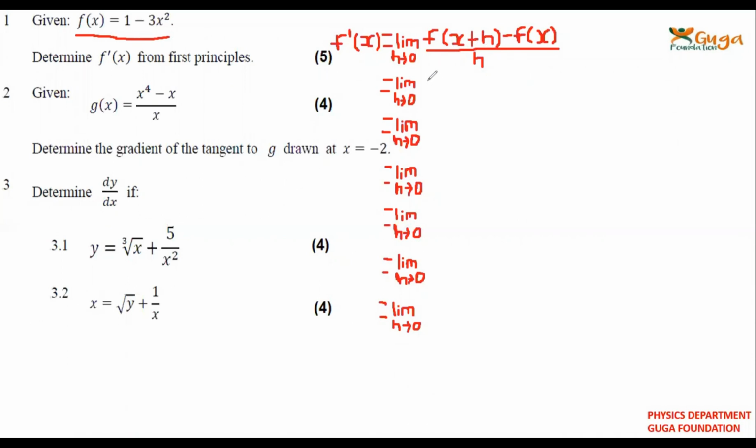So now your limit will be 1 minus 3 into x plus h squared.